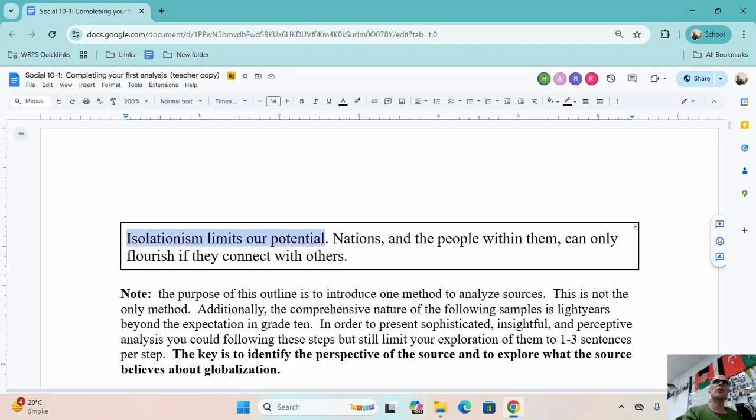So one thing that you can do to get up to that PF level is to look at the source and unpack it and say proponents of the source would continue this claim by looking at this, or the source is inspired by events such as this. But then in a reverse situation, you could also say opponents of the source would reject this claim that with globalizing comes this idea of flourishing.